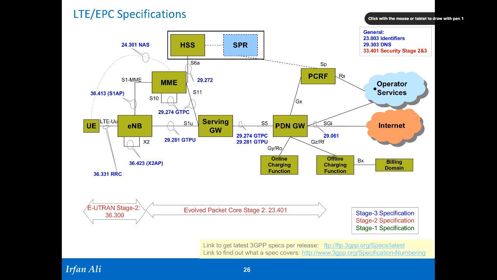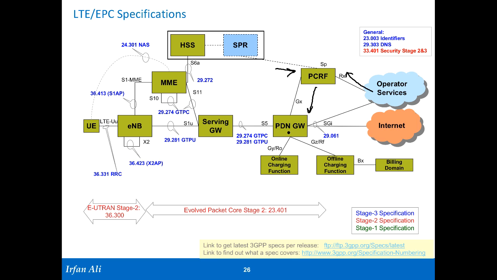So from the operator service, as we said, if you're providing VoLTE, it'll request a box which is called the PCRF, saying give me QoS for this particular voice flow, and then the PCRF gets subscription data from the subscription, and then authorizes it and provides a rule to the P gateway saying give this flow a particular QoS, and then from the P gateway, it'll also meter the traffic.